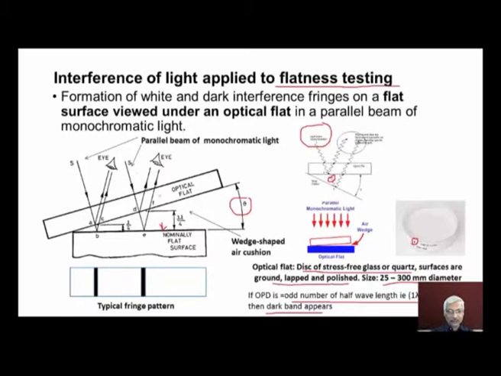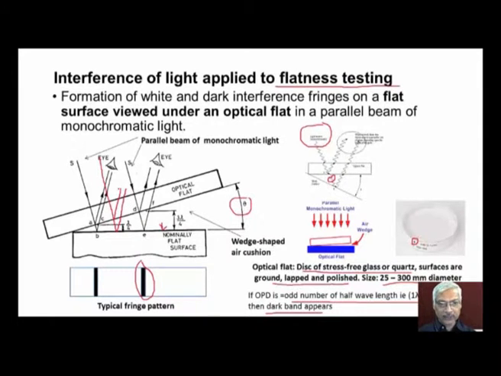Again, if the optical path difference is equal to an odd number of half wavelengths, again a dark band will appear here. Now in between, again there will be a light source, and light is reflected from this point, and light is reflected from this point.